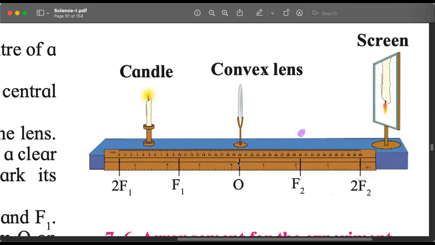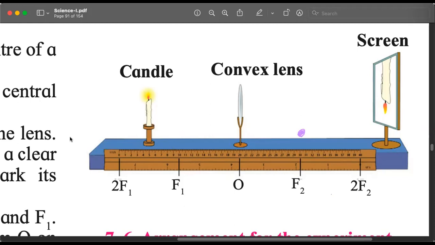And then let us measure this distance OF and mark another point 2F, which is at the same distance from F. So OF is equal to F2F, same distance. Similarly, it says do the same thing on the other side of the table.